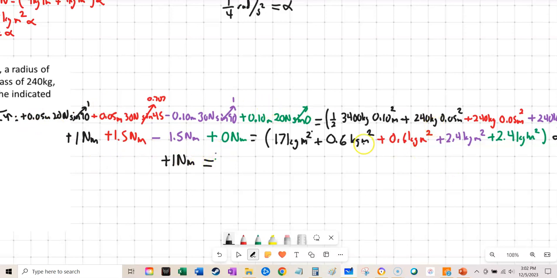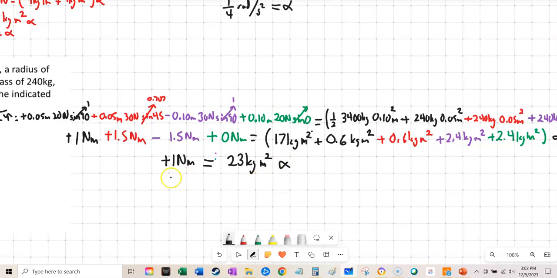Okay, let's add up this. This is 0.6 plus 2.4, so that's going to be 3, plus 0.6 plus 2.4, that's also going to be 3. So 3 plus 3 is 6, plus 17 is going to be 23 kilogram meters squared of moment of inertia times alpha.